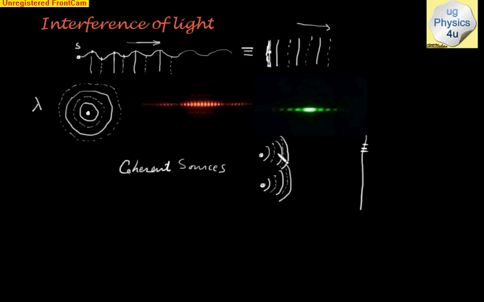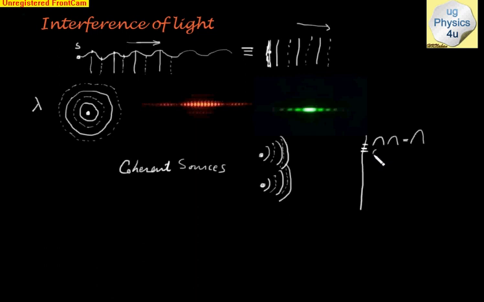These patterns are obtained when the waves from this source and waves from this source meet at this point, and this superposition of the waves will decide whether the point will be bright or dark. If the first wave has this position and the second wave has this position, then the resultant will have double the amplitude, so you will get a maxima, that is brightness.